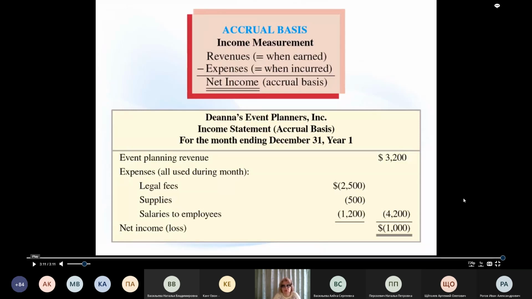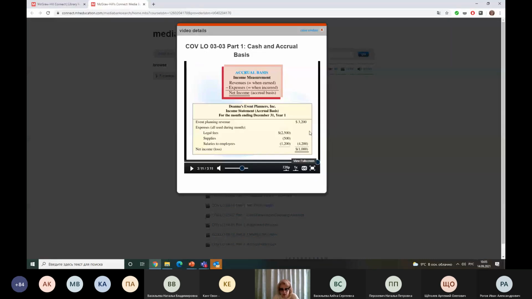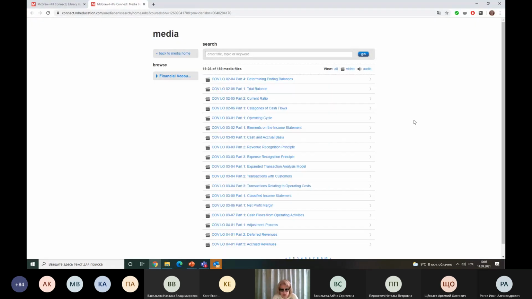But once again, I hope you noticed from this video that when we calculate the financial result for this company, we calculated a different net loss or net income, and of course it depends on the basis for computations. So let's discuss in detail how to recognize revenue and expense under the accrual concept of accounting.